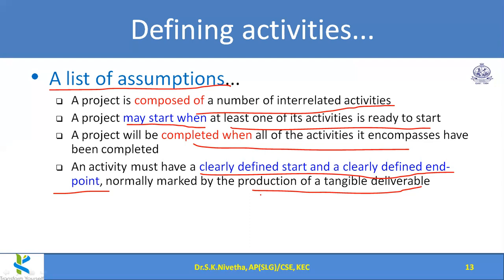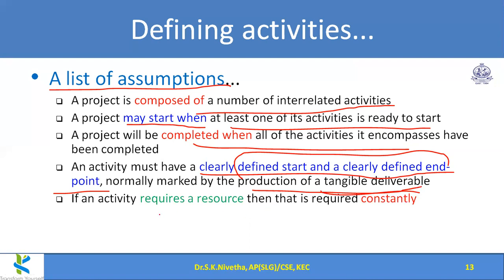Next the edit menu, likewise the insert menu, they keep on adding. So an activity must have a clearly defined start and clearly defined end point. Where to start, where to end, which is the start and which is the end. So that we can call it an activity, and that produces a tangible deliverable.